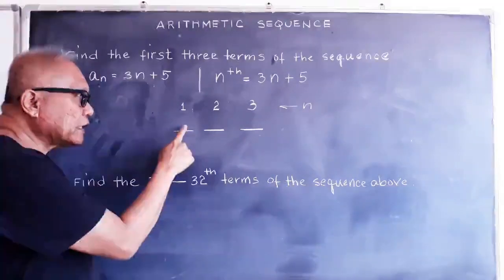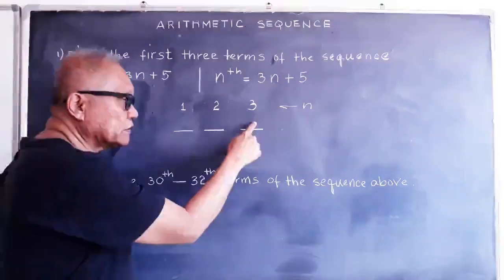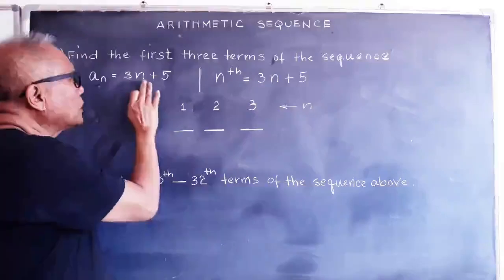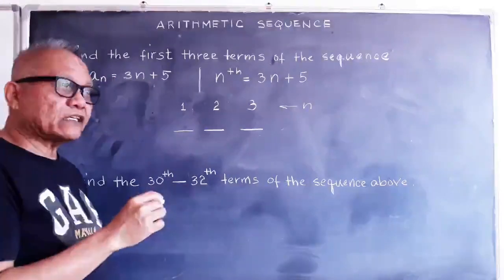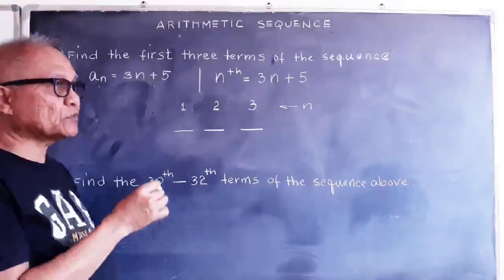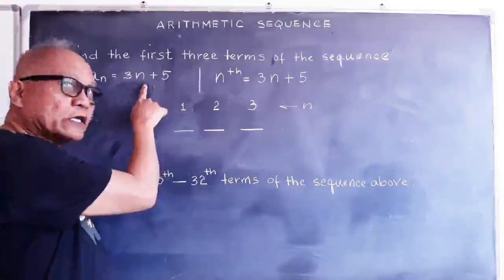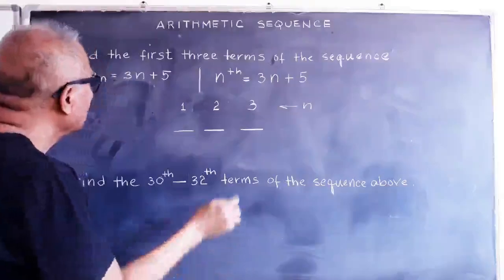What is the number here? Second term, the third term. 1, 2, 3. We are going to use this formula, and this is very easy because this is just like evaluation of a formula. We're just going to substitute 1 here, then 2 afterwards, and then 3. Then we have the 3 terms.